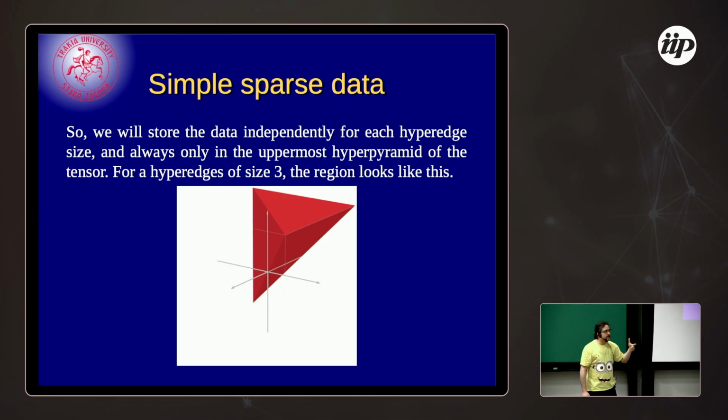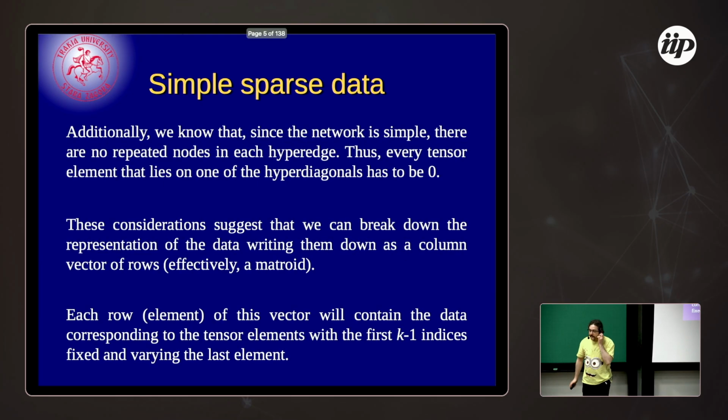So if you have a 3-uniform hypergraph, which is basically a cube, as I said, then this red region is the uppermost hyperpyramid, and we only care about that. Anything else in this cube you don't care about, because all the information will simply be repeated and is already contained inside that. So that's the first idea.